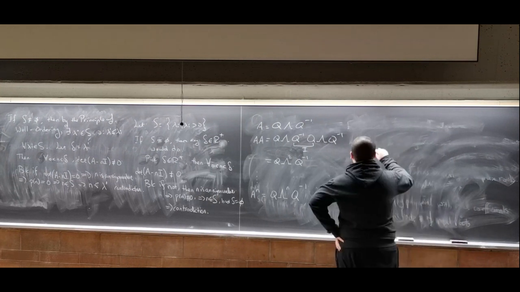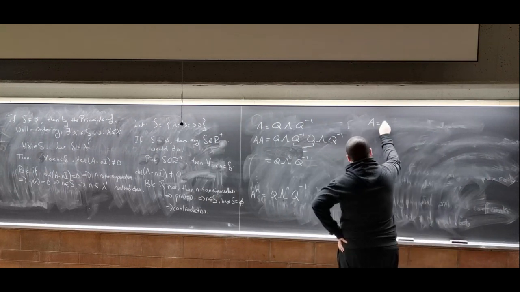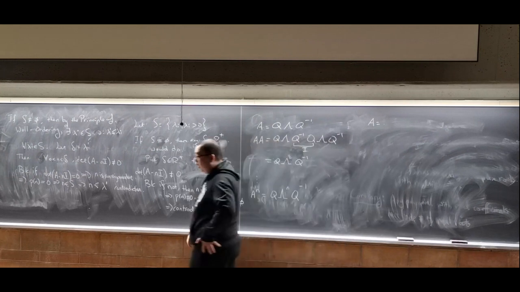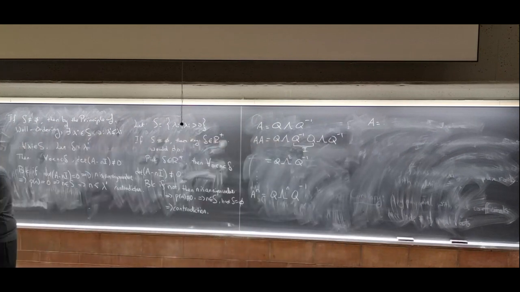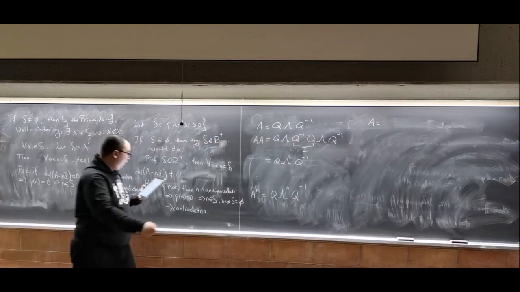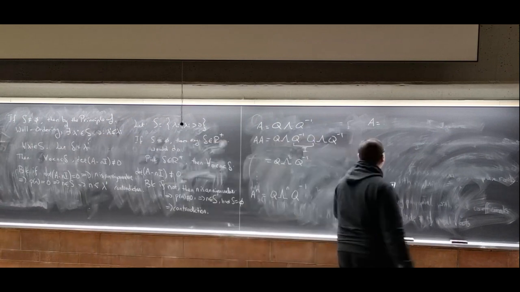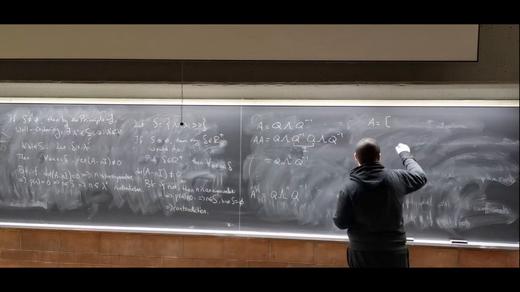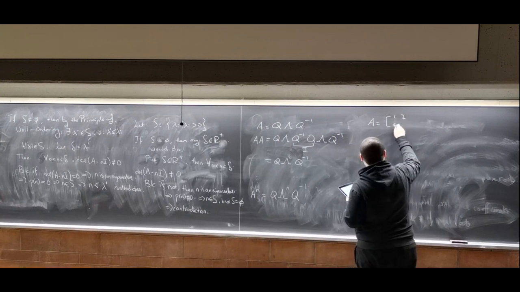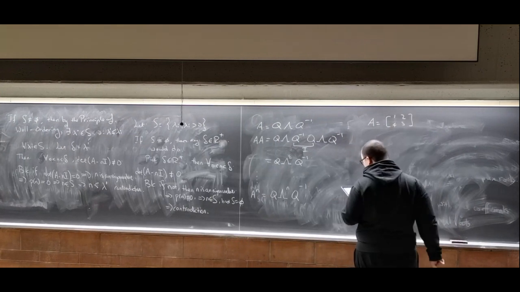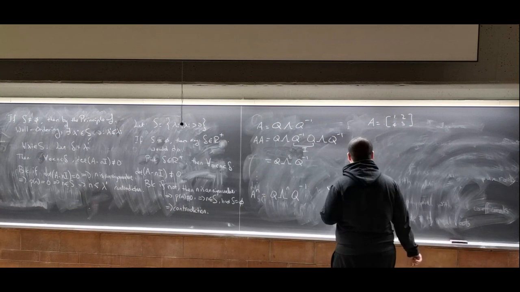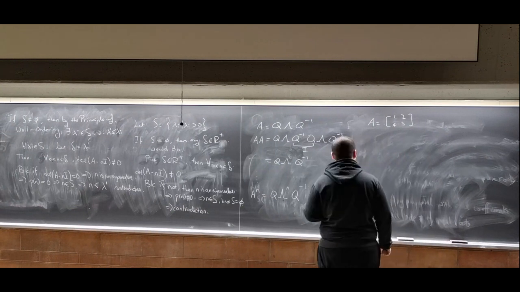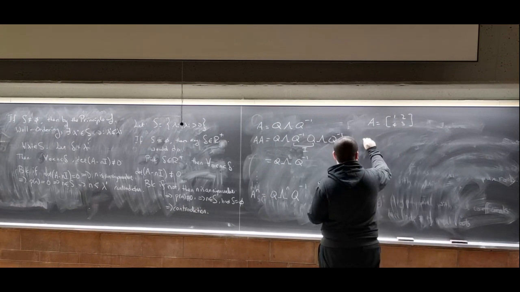Or what you can also do is, in order to do question 2, you have to do question 1 first. So let's do that. So A is 1, 2, 4, 3. Right? If I want to diagonalize this, I first have to find the eigenvalues.